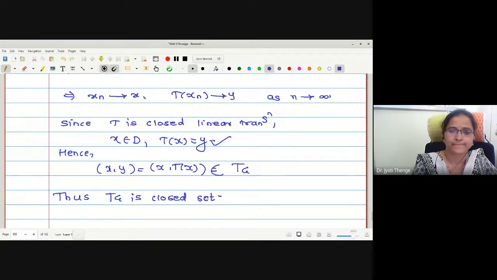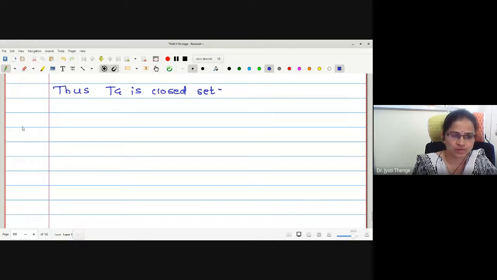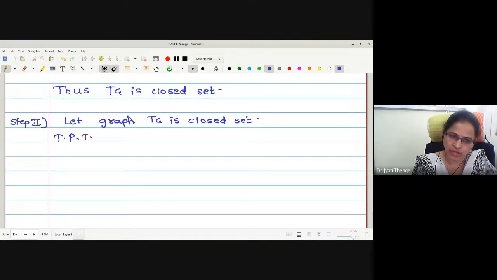Okay? Let us go in reverse. Let graph TG be a closed set, and our aim is to show that T is a closed linear transformation.